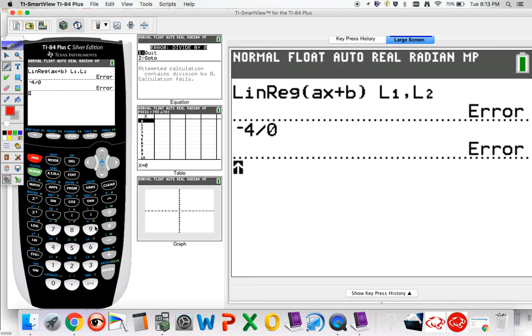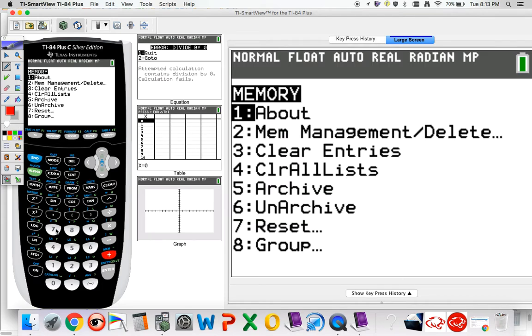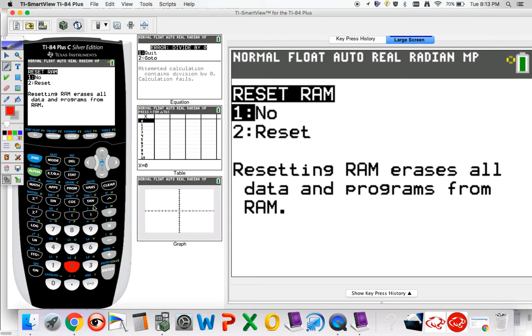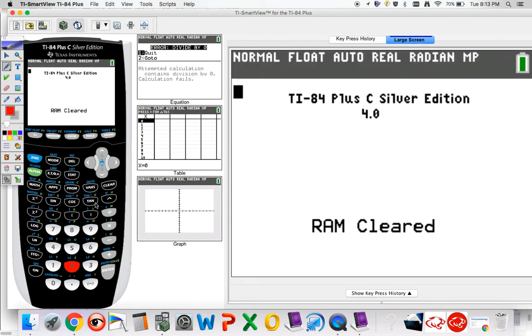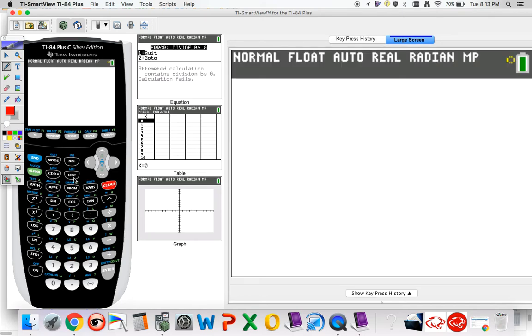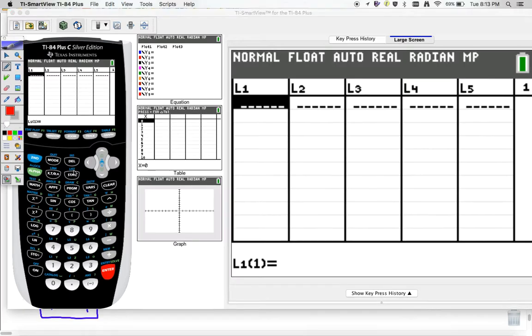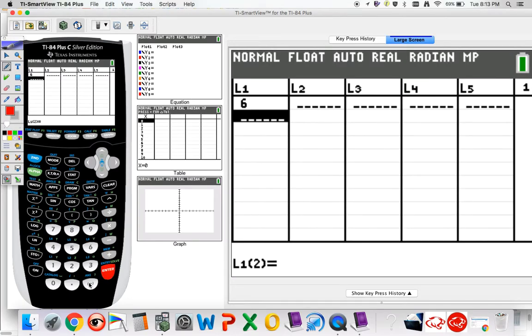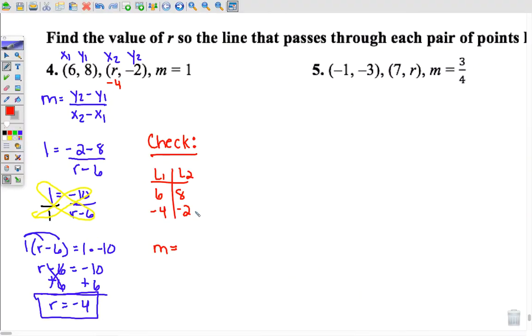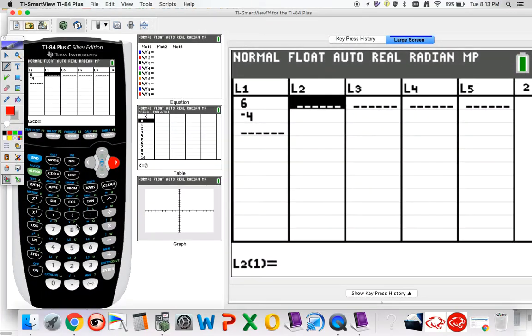I don't know if I cleared this out or not. I'm going to do it again. Second plus 712. Okay, so I'm going to go to my stat edit. I'm going to put in what I just have. So 6, negative 4, and in L2, I have 8 and negative 2.